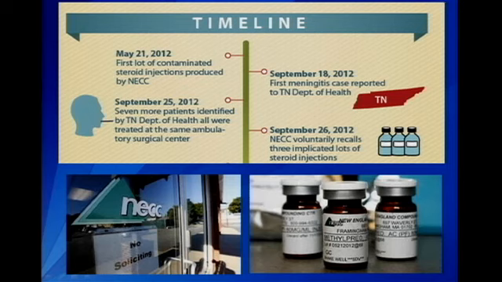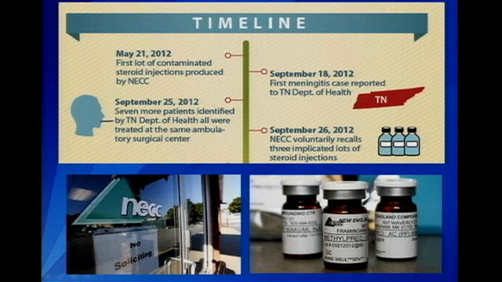So first of all, on May 21st, 2012, contaminated steroid injections were produced by New England Compounding Center. By September 18th, the first meningitis case was reported to the Tennessee Department of Health. On September 25th, 7 more patients were identified by Tennessee Department of Health. All were treated at the same ambulatory surgical center.